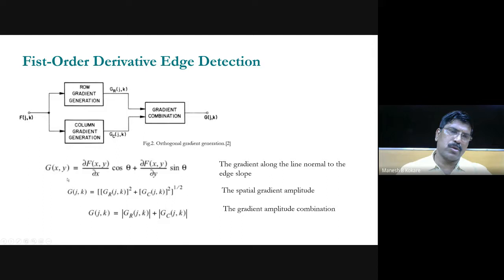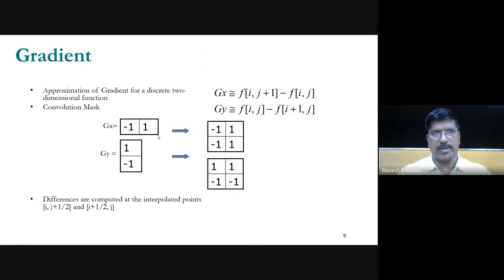So g of x, y is the partial derivative of f(x,y) with respect to x times cos theta, plus the partial derivative of f(x,y) with respect to y times sin theta. That is the gradient along the line normal to the edge slope. This way you calculate the magnitude and angle, and this is the procedure to find the edge in a two-dimensional image.